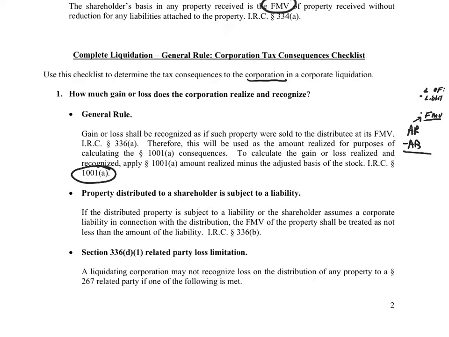Adjusted basis is going to be the adjusted basis of the property itself. The property distributed, if it's subject to a liability, as I mentioned, we focus on the greater of the liability or the fair market value rule. And that's what you use.